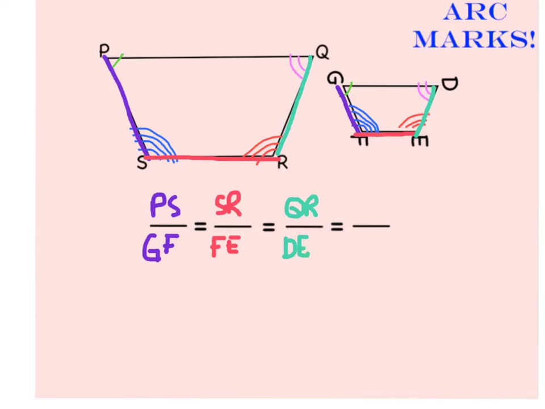All right, last but not least, I'm going to go P to Q on this top side that I haven't gotten to yet, which is going to correspond with GD on my small figure.